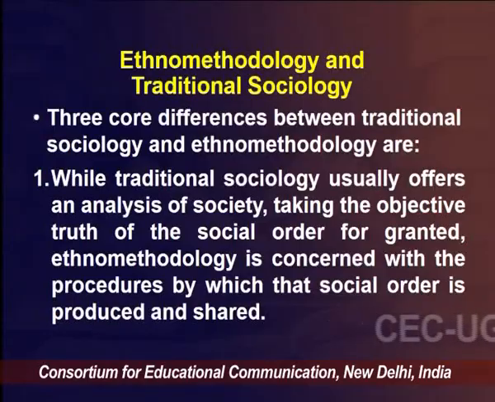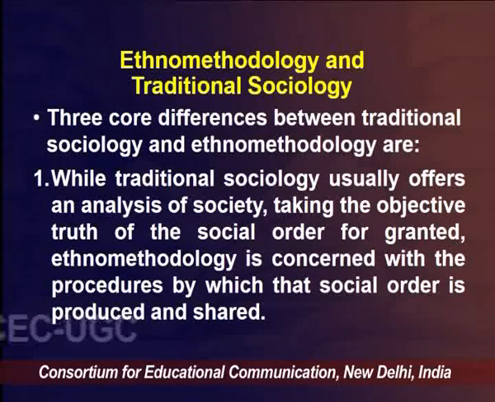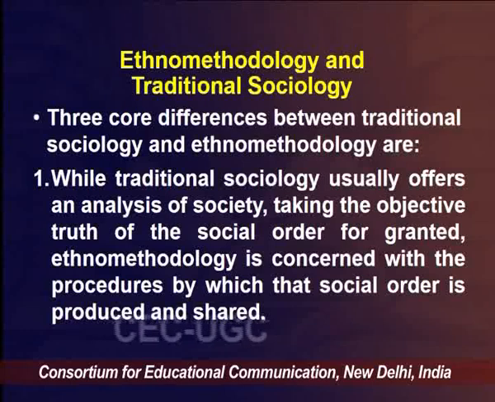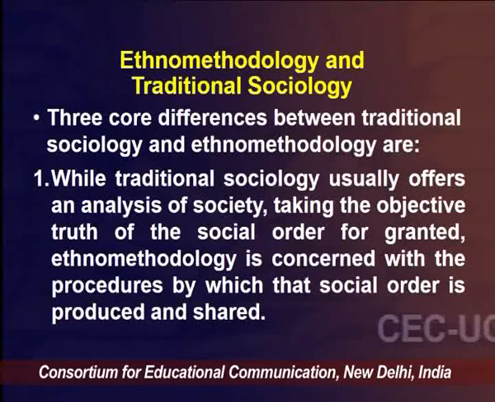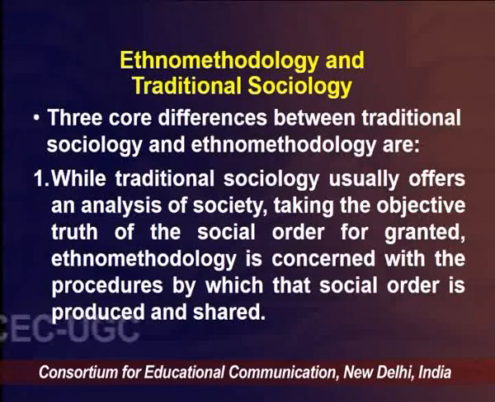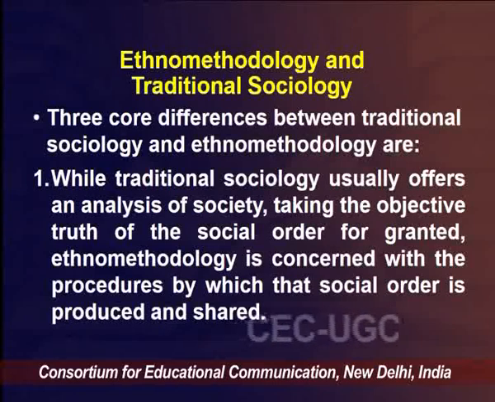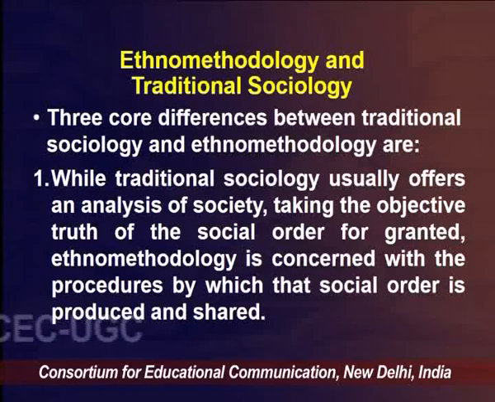Three core differences between traditional sociology and ethnomethodology are, number one, that while traditional sociology usually offers an analysis of society, taking the objective truth of the social world for granted, ethnomethodology is concerned with the procedure by which that social order is produced and shared.